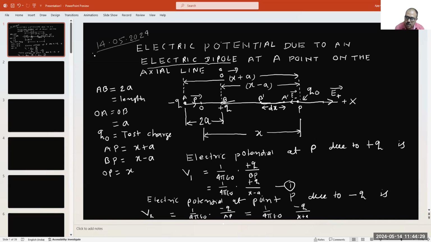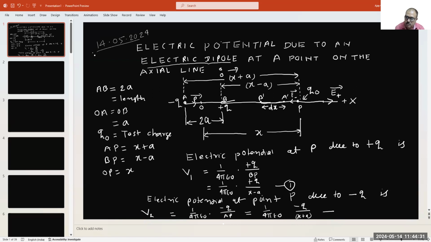And this is your equation 2. If a dipole is here, we have two kinds of opposite charges separated by a very small distance. We write the potential due to one kind of charge and due to the other, so that we get the two potentials, V1 and V2. We will apply the superposition principle of the potential.